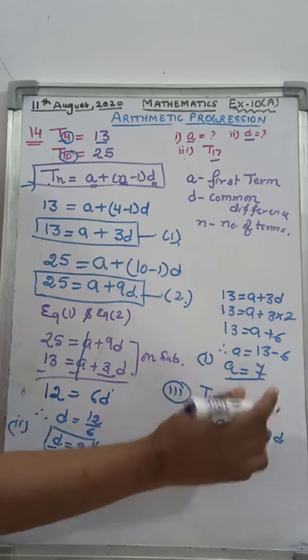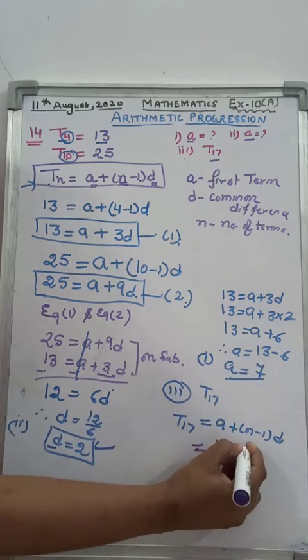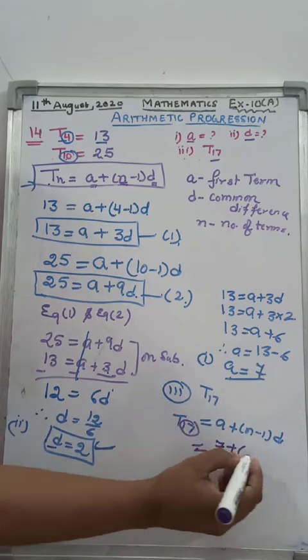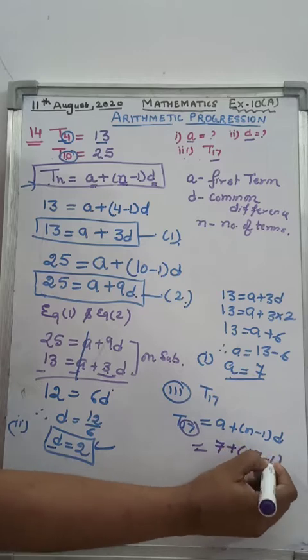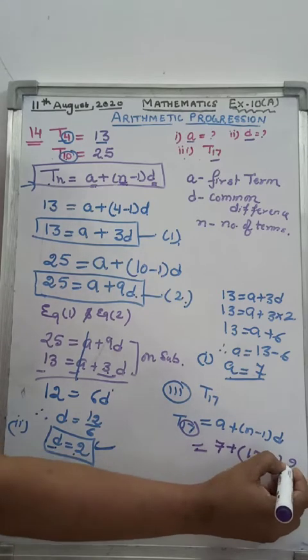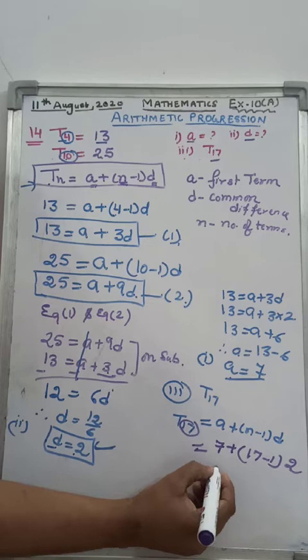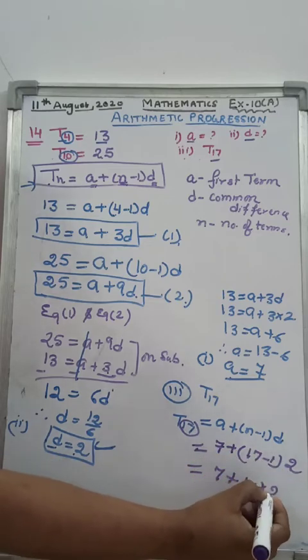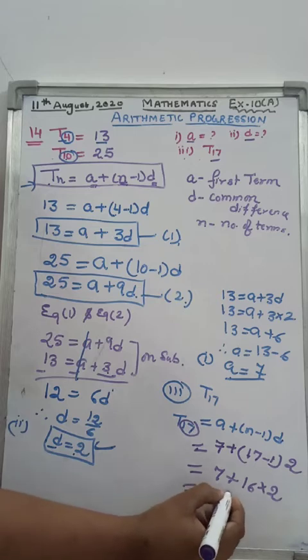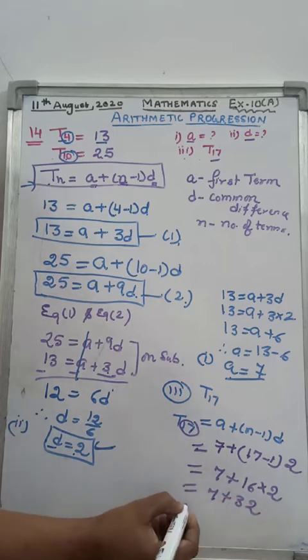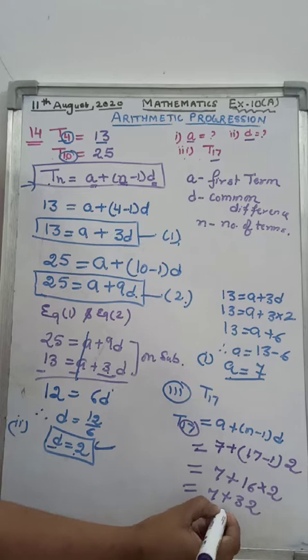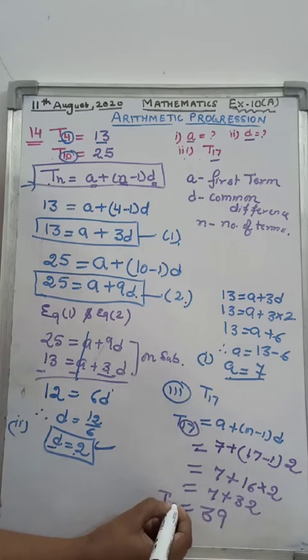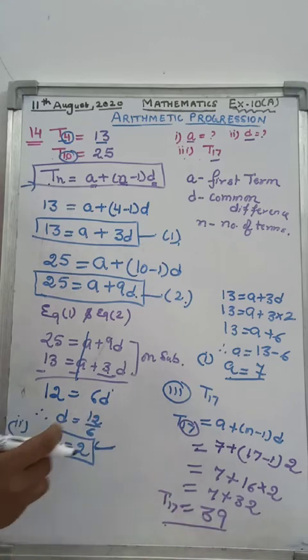First term is 7, number of term is 17 minus 1, common difference is 2. So this will be 7 plus (17 minus 1, which is 16) multiplied by 2. Then 7 plus 32, that is 39. This is your 17th term. That's the answer of question number 14.